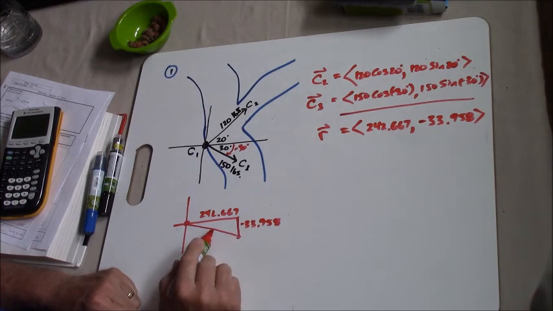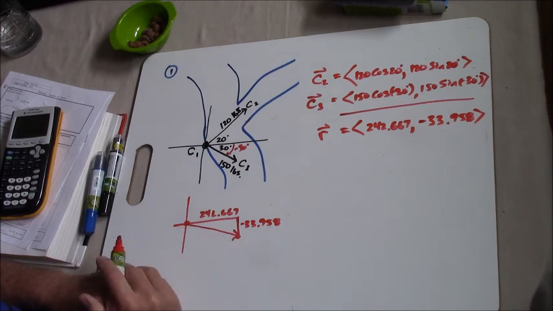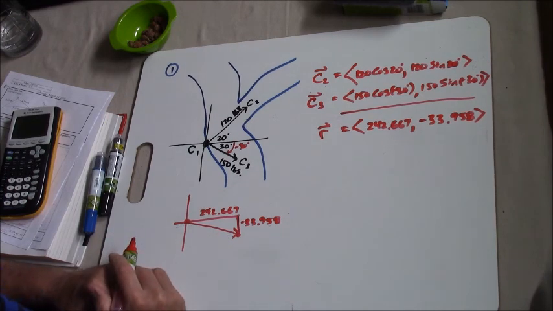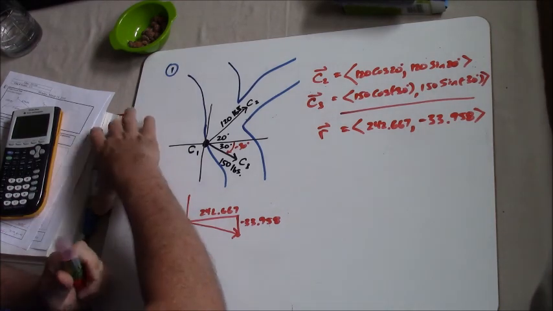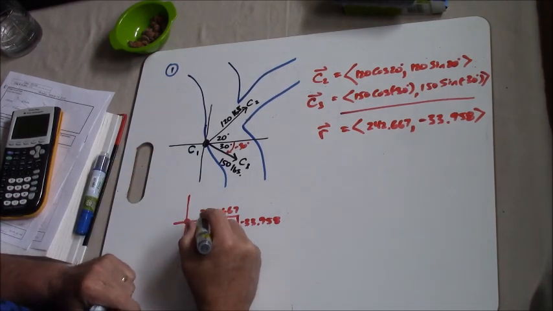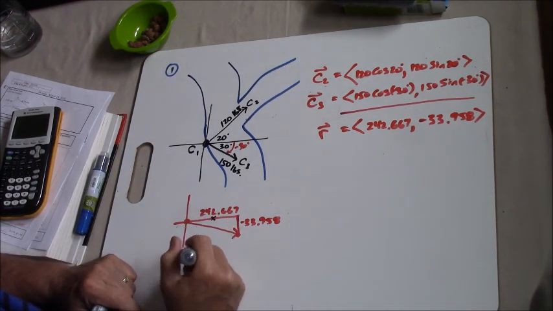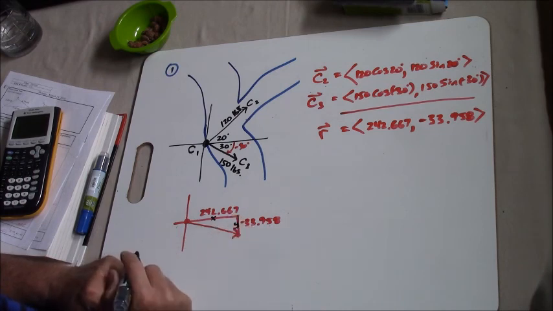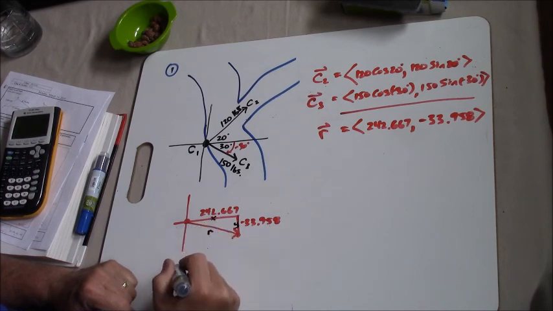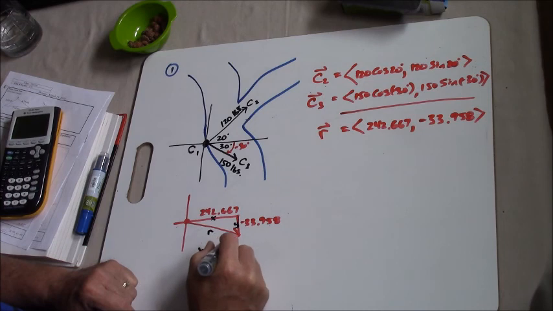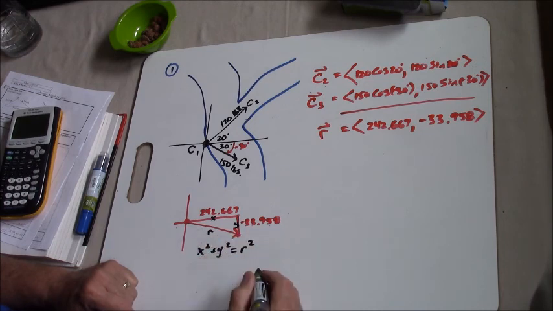And so now what I want to do is figure out the actual force that's pulling on the car. The hypotenuse here is the actual force. So if we think that this is an x-coordinate and this is a y-coordinate, and I'll call this r for result, I know that x squared plus y squared equals r squared.